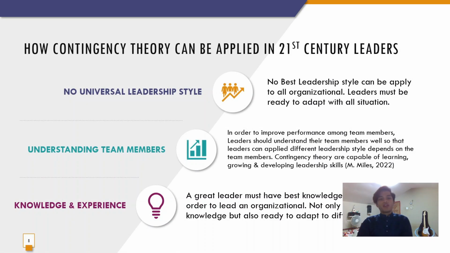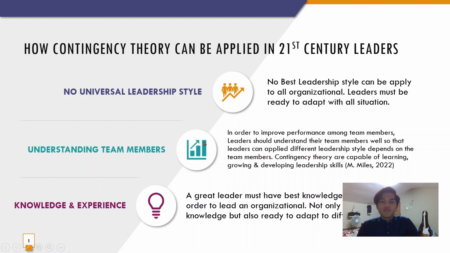Next, I will explain how contingency theory can be applied among 21st century leaders. First of all, there is no universal leadership style, because no single best leadership style can be applied to all organizations. Leaders must be ready to adapt to all situations.